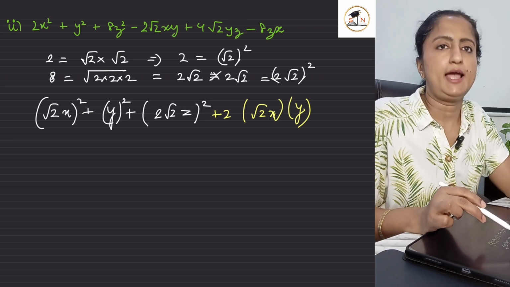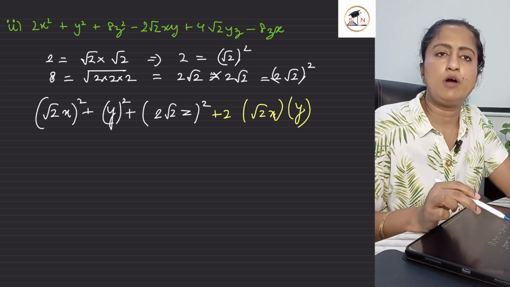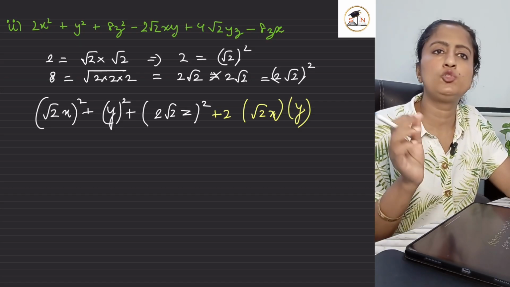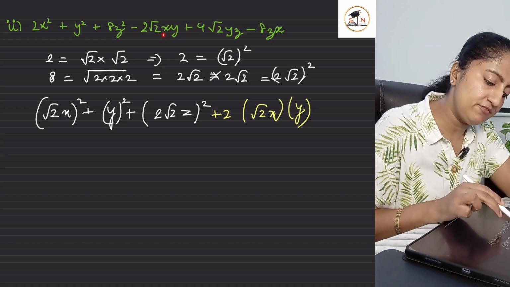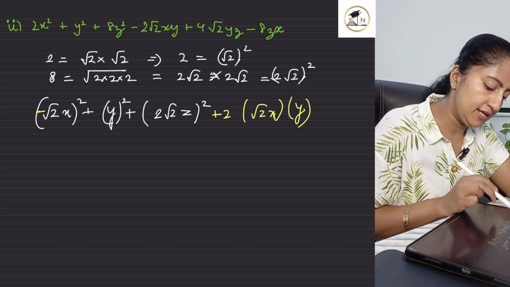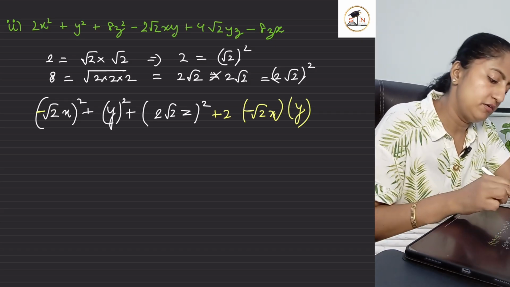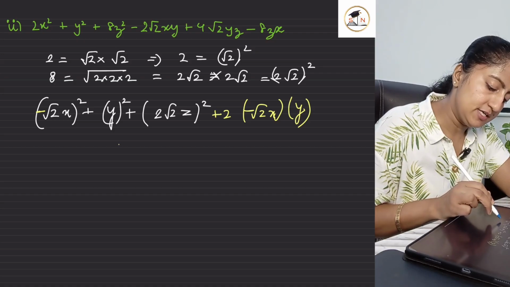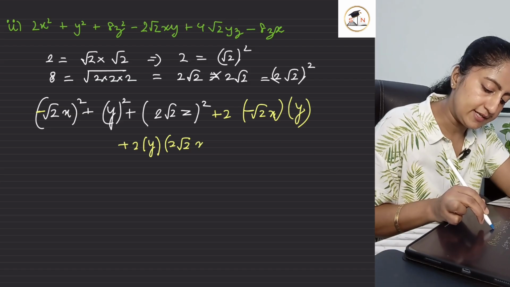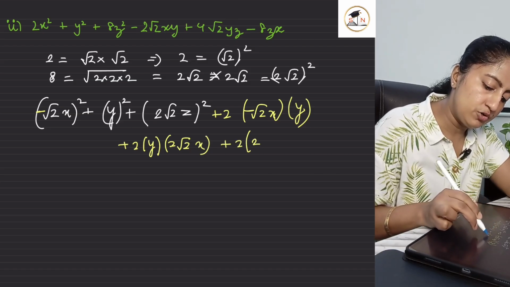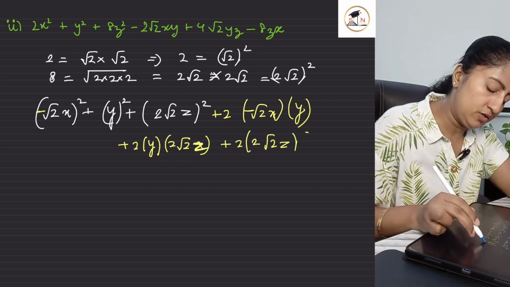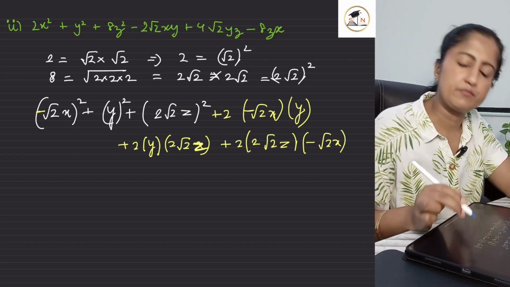Two negative terms. As I told in the previous question, you have to see which two products are negative and what is the common term in those two negative products. We can see we have x, right? That means your x term is actually negative, right? So moving on with the products. The second product gives me 2 into y into 2√2z. And last, 2 into 2√2z into minus √2x.